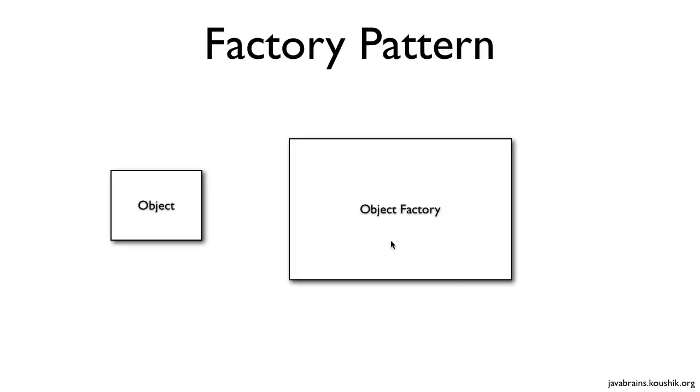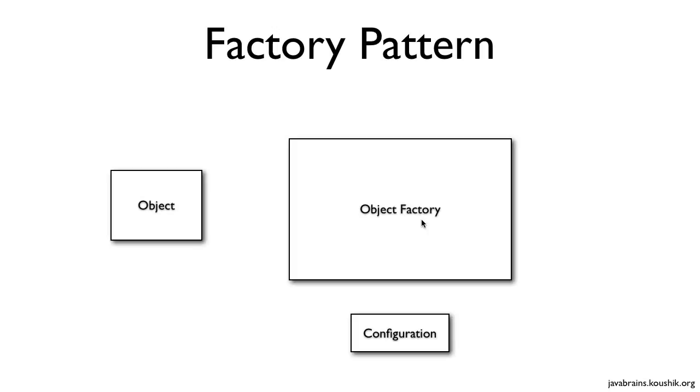The whole purpose of this is to produce objects. So now how does the object factory produce objects? It reads from a configuration. It probably has a configuration file somewhere or some metadata, which has details about all the objects that it needs to create. It's a blueprint for all the objects that this object factory has to create.